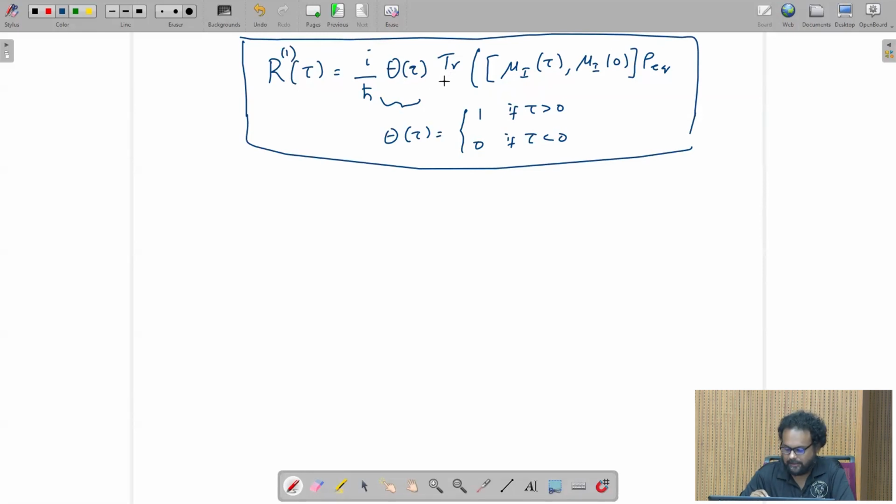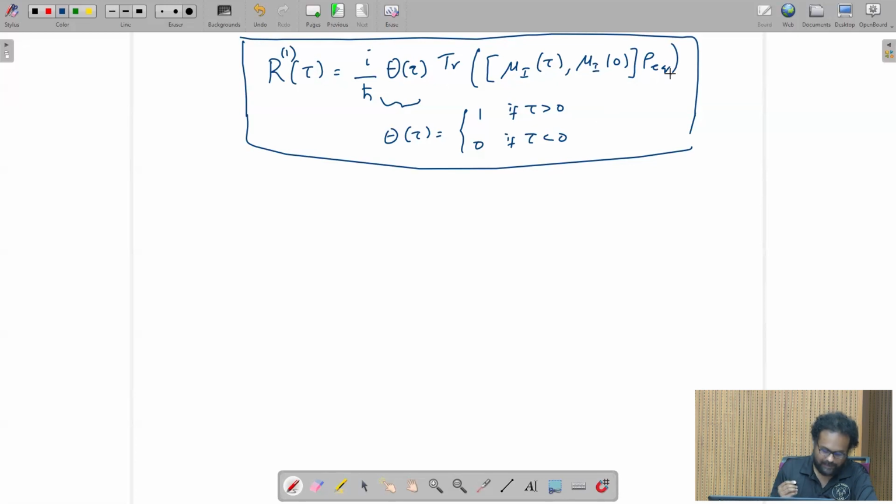It's basically proportional to the trace of mu I at tau and mu I at 0 multiplied by the initial condition of your density matrix, right? Kind of an elegant form. I'm going to make it even more elegant now, or at least I claim it to be.